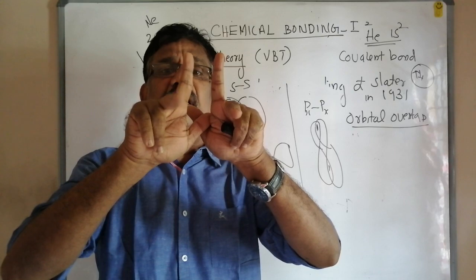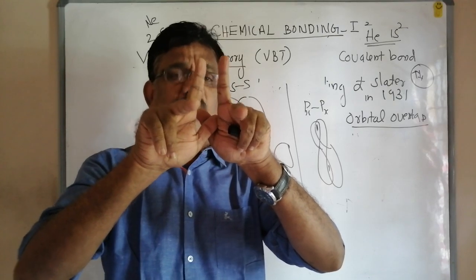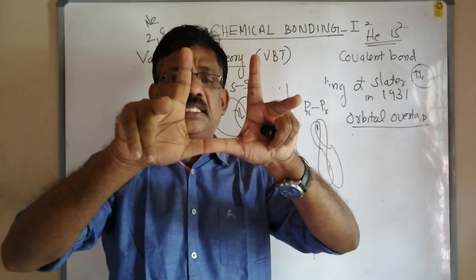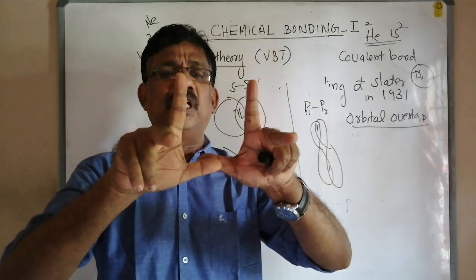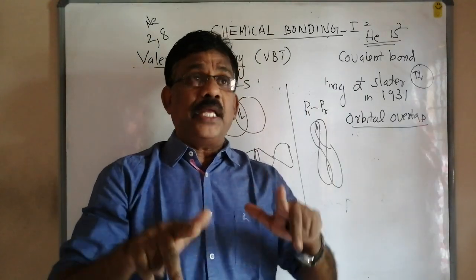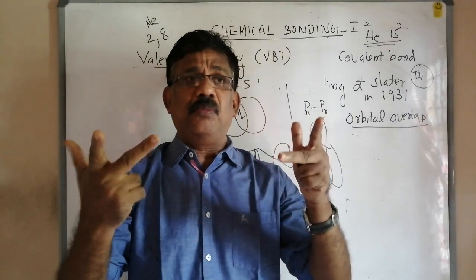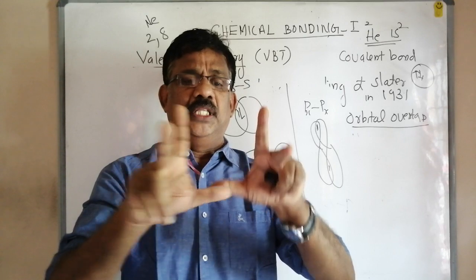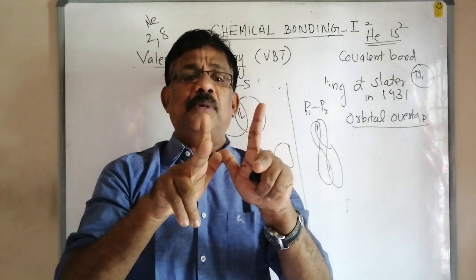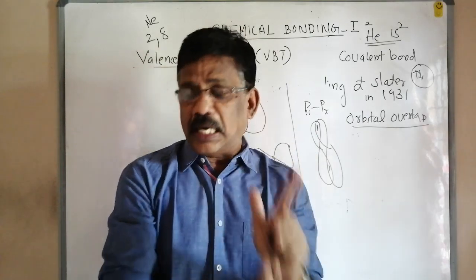This orbital contains one electron and this orbital also contains one electron, they overlap in a parallel manner. And this is a sigma bond, a strong bond, and these two are weak pi bonds. So pi bonds are formed after the formation of a sigma bond. This is head-to-head manner. The other two orbitals overlap in a sidewise or parallel manner.